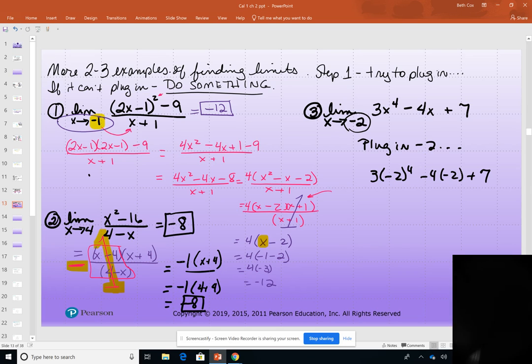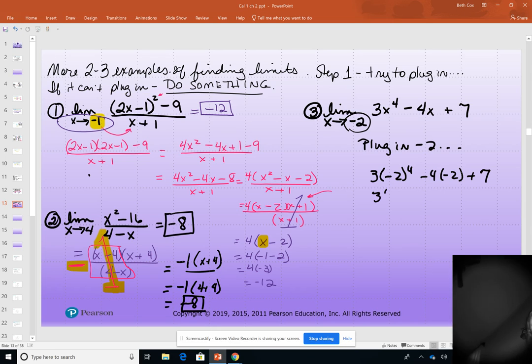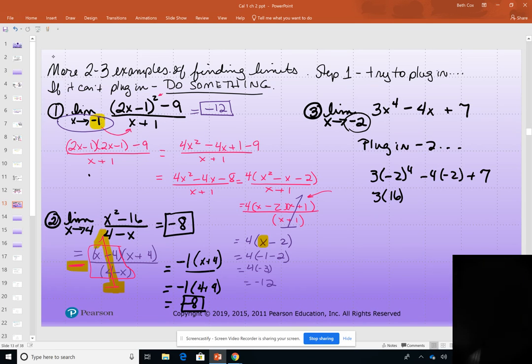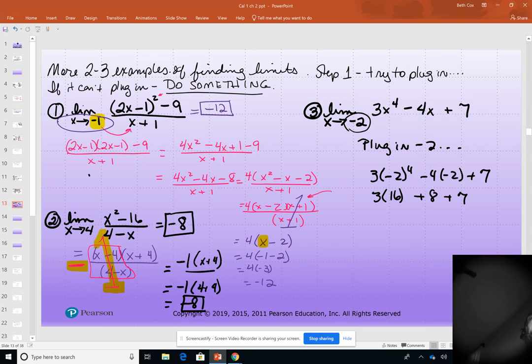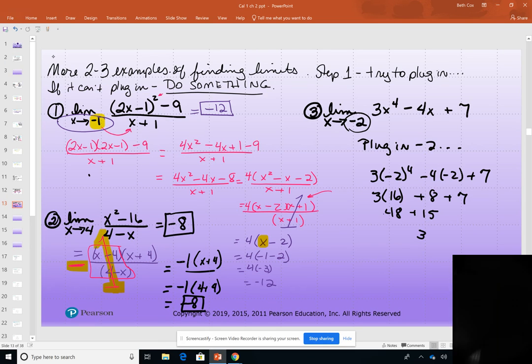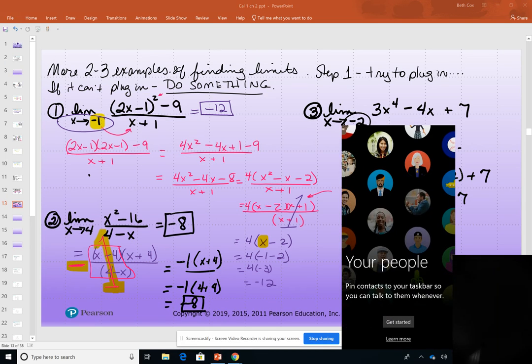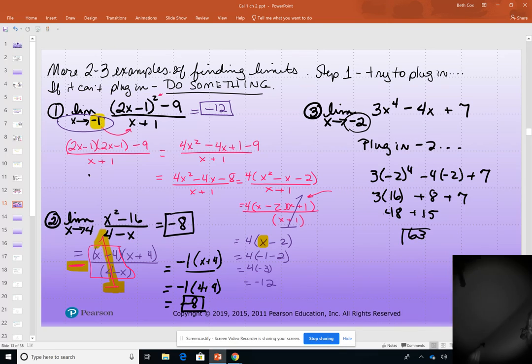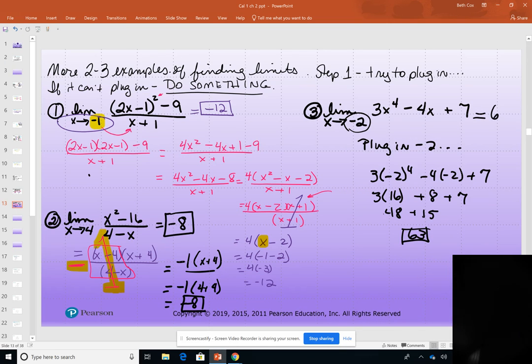So when I plug in negative 2 for x, I'm going to get 3 times 16 plus 8 plus 7. So that's going to be 48 plus 15, which is 63. So this one's limit is 63.